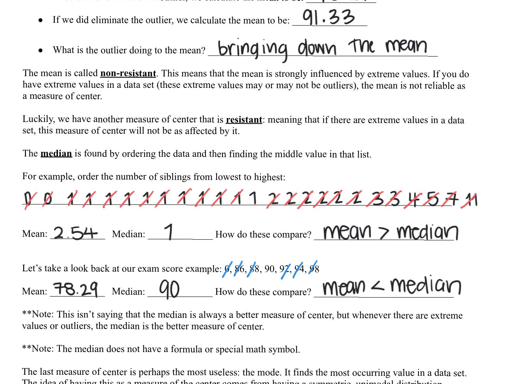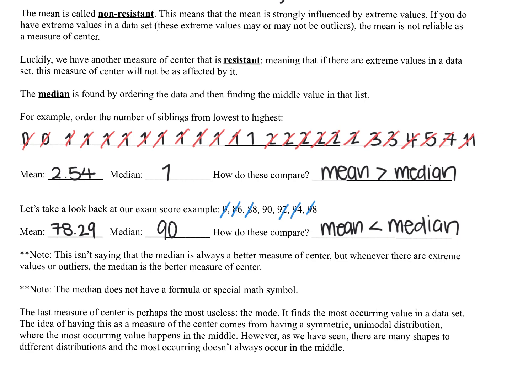So they would have been a lot closer if I wouldn't have included the outlier. Looking at these examples, it does not say that the median is always a better measure of center. But whenever you have extreme values that may or may not be outliers, sometimes they are, sometimes they aren't, the median is the better measure of center.